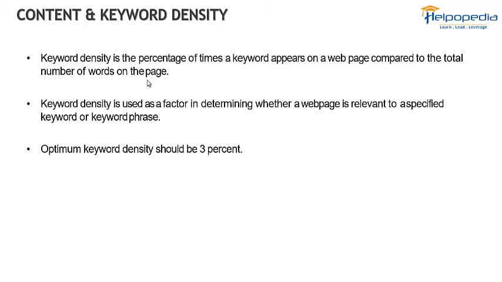Why 300 words? Because if I say only 100 words, and I want to use 2 keywords, then it would be very difficult for Google. See, in a normal 100-word text also, you will see common words like is, the, or, if, at.